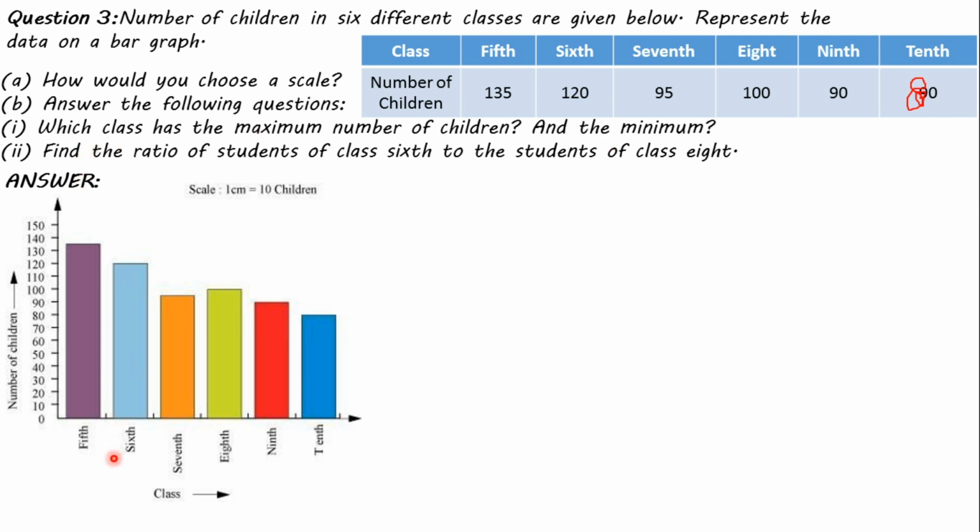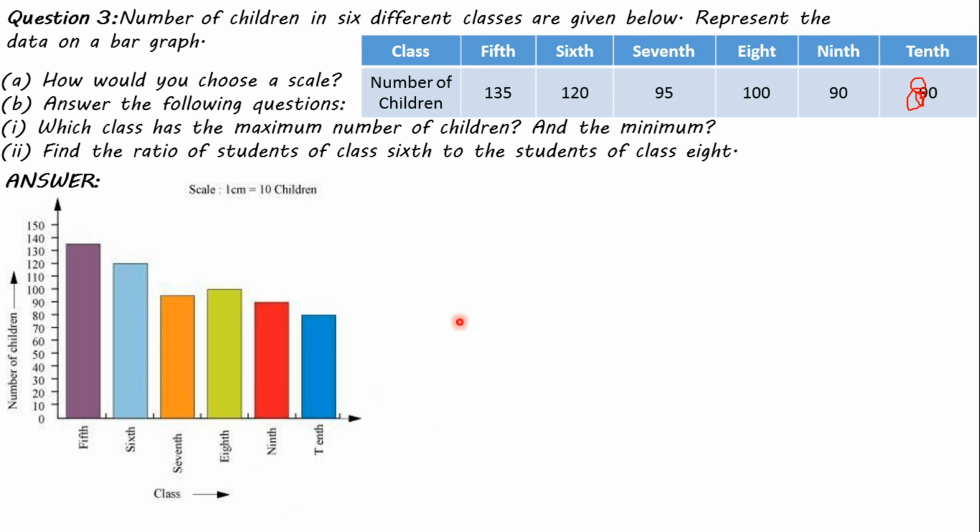Now after representing the data like this, you have to answer the questions. Which class has the maximum number of students or children, and which class has the minimum? You can see that the topmost bar is for class 5th, which contains 135 students. So the answer is 135, and the minimum is in class 10th, which is 80.